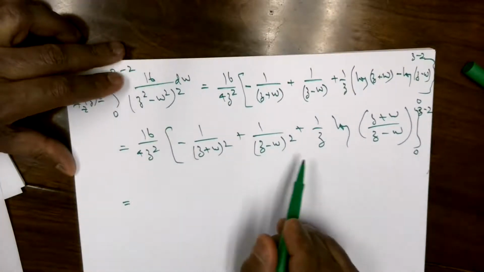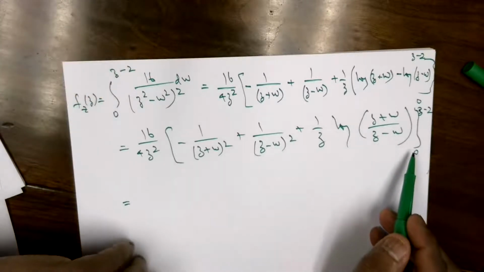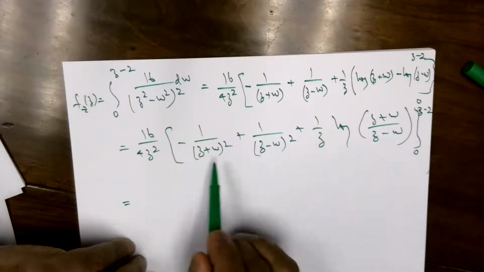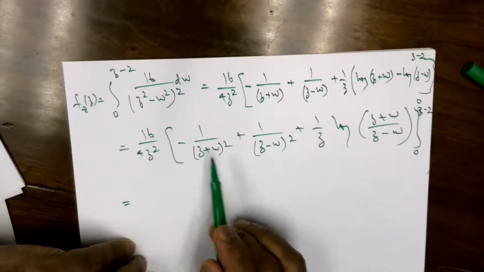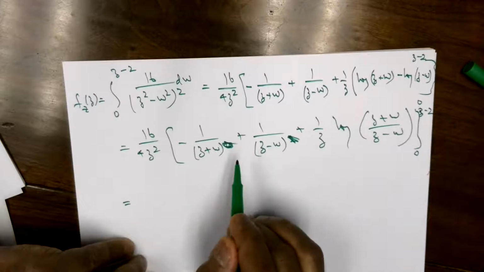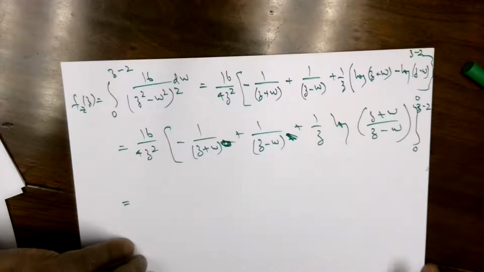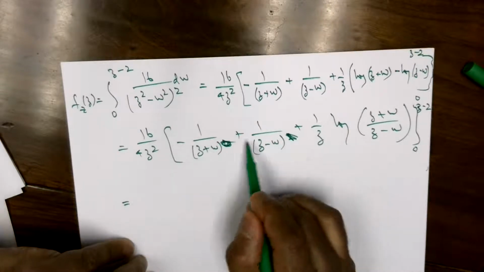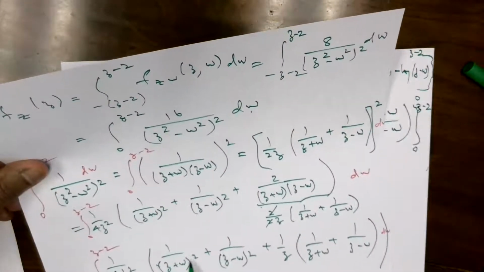The bottom limits are easy, so I'm going to do that first. So notice when w is equal to 0, I get minus 1 over c.